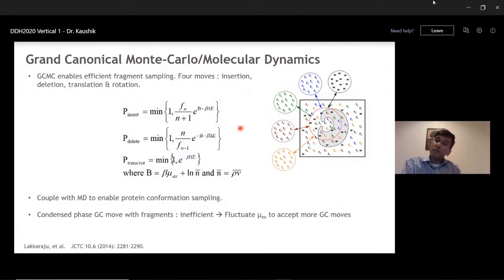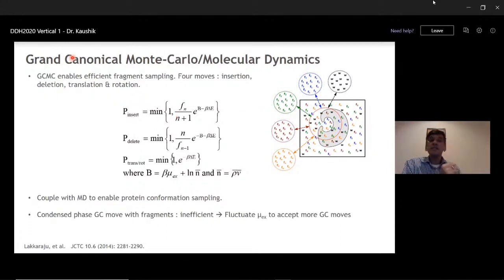And the opposite is true. If a given probe molecule likes a protein surface, then it would move instantaneously from the gas phase reservoir into the site of interest. So this is how we're using a Metropolis criteria to instantaneously move a probe molecule or a fragment molecule from this gas phase reservoir to the site of interest.